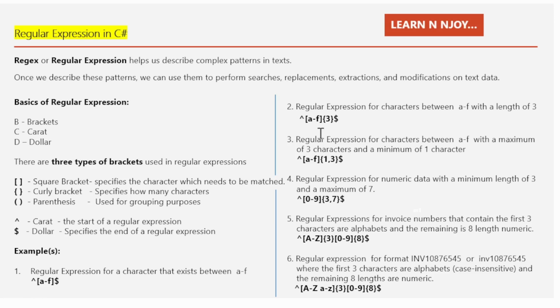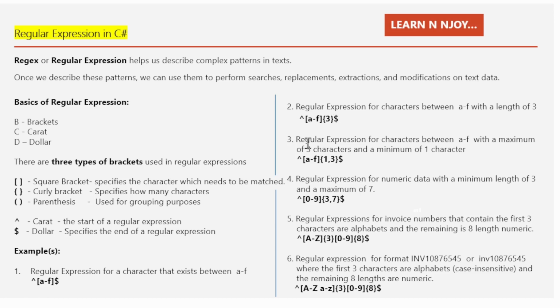And here the character length is mentioned as 3. So we need to write 3 in the curly bracket. That's it. Our regular expression is ready and it is caret, opening and closing square bracket, and in between we have written A hyphen F, then curly bracket, in between I have written 3, and then it ends with the dollar sign. So that is the regular expression for characters between A to F with a length of 3.